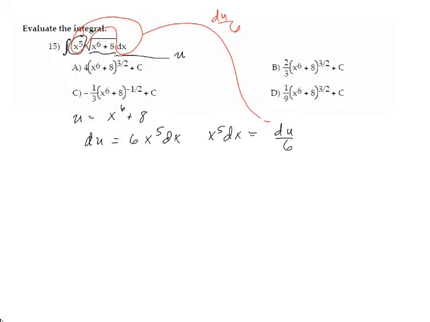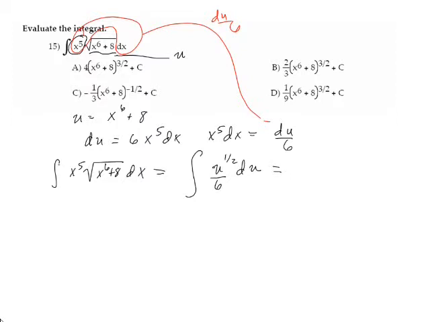So the integral equals the integral of x to the 5th times the square root of x to the 6 plus 8 dx, which equals simply u to the 1/2 divided by 6 du after you make the substitution.